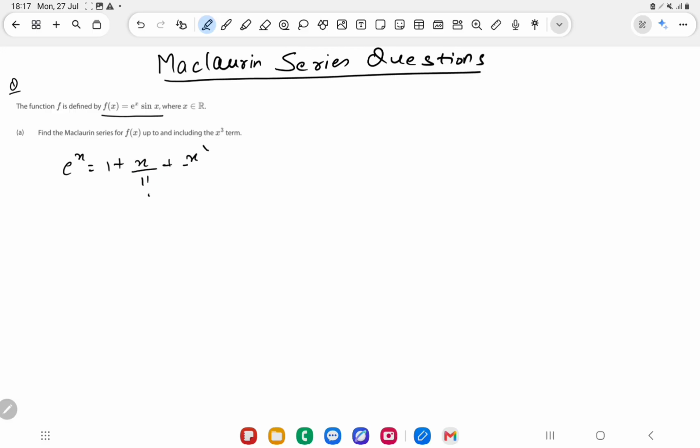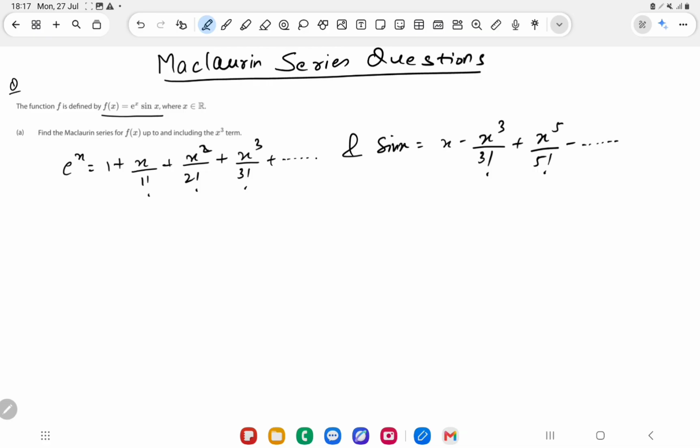For e to the power x, the series is 1 plus x plus x square over 2 factorial plus x cube over 3 factorial and so on. And for sin x, my series is x minus x cube over 3 factorial plus x to the power 5 over 5 factorial and so on. Now what I need to do is multiply these two series, but I only need up to the x to the power 3 term.